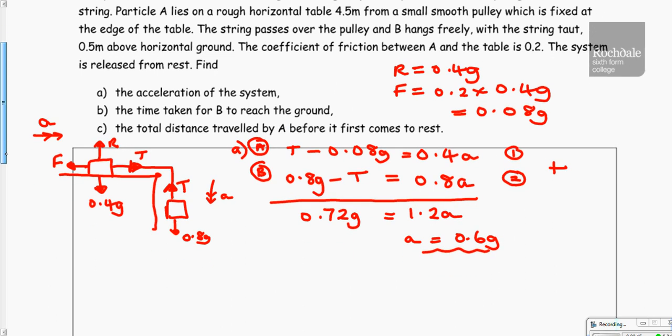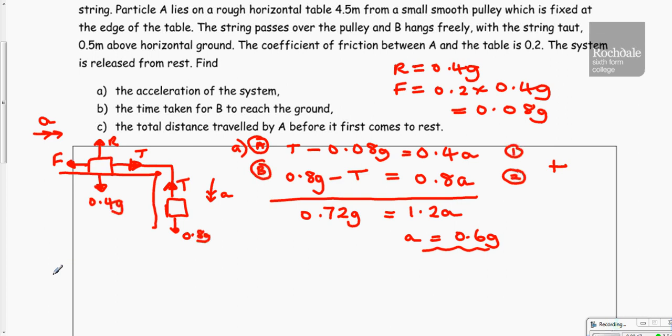The second thing we're asked to find out is the time it takes for B to reach the ground. Now, we know that it's 0.5 metres above the ground currently, so that's the distance it has to move. We know that when the system is released, it's released from rest, so the initial speed is 0. We know the acceleration is 0.6 g, and we're asked to find time.